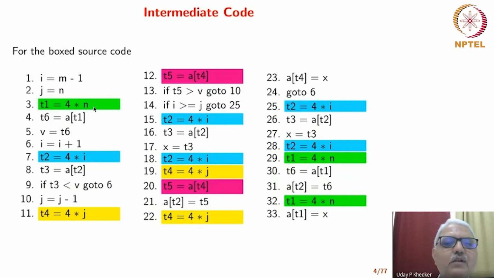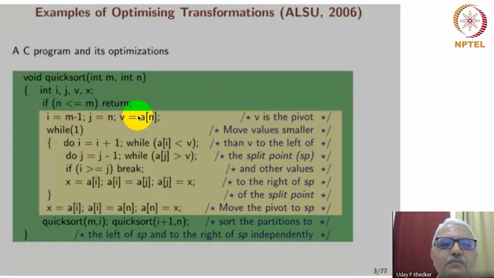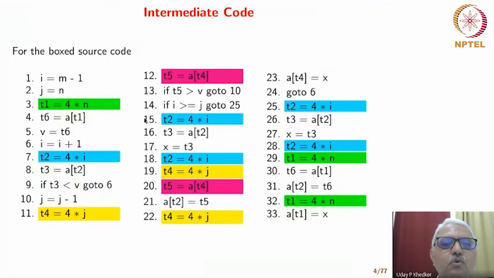So this statement requires multiplication by the width and then dereferencing the array, and therefore it is broken up into 2 different statements. So this is how this overall program looks. I'm not going to explain each statement.